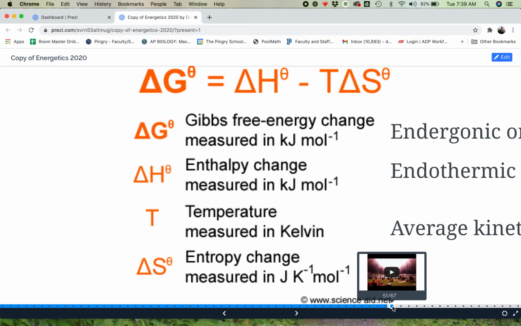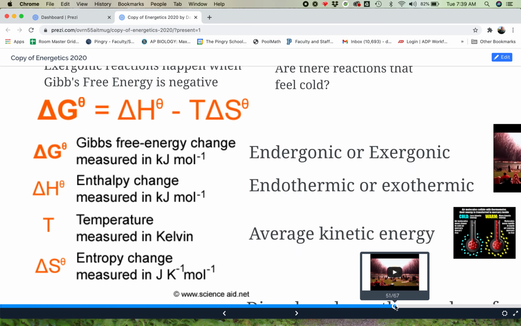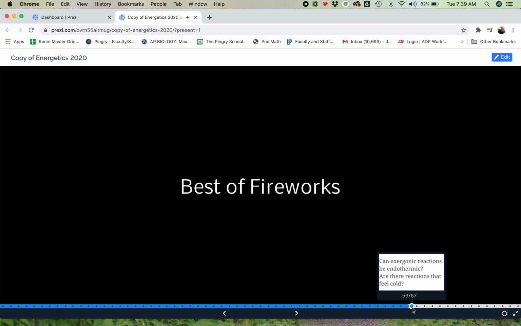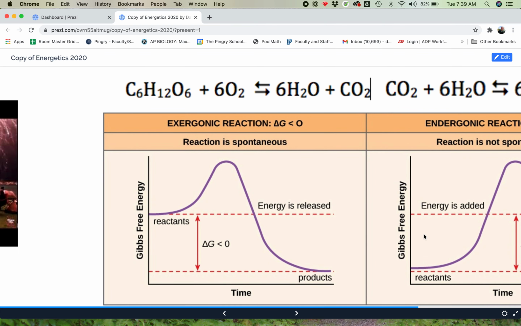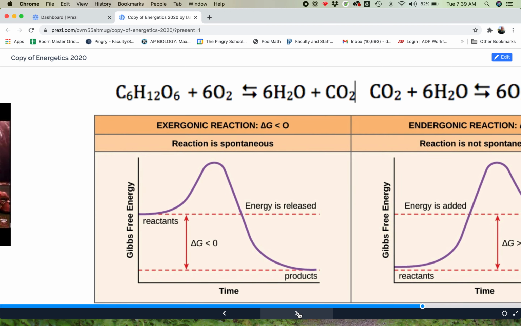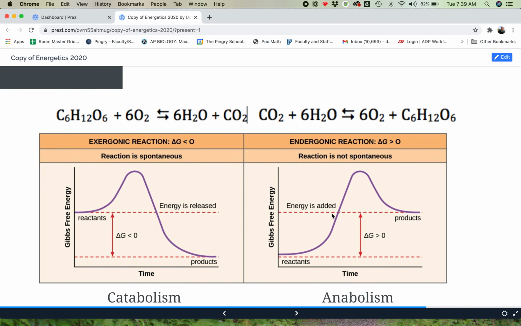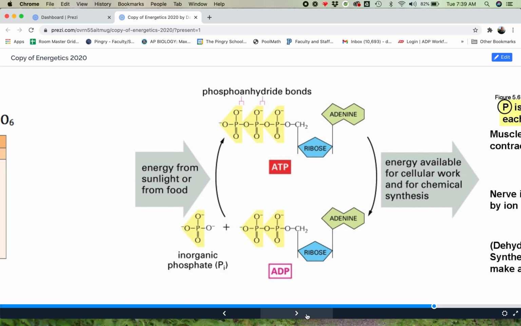We talked about heat, and showed you some exothermic, exergonic reactions with the fireworks. Then we talked about uphill reactions and downhill reactions: downhill reactions would be exergonic, uphill reactions would be endergonic.